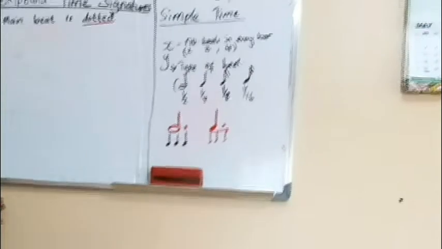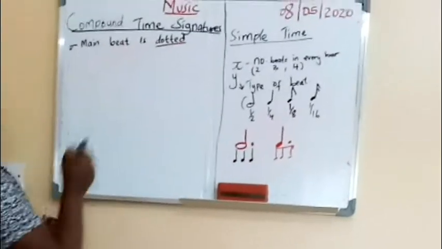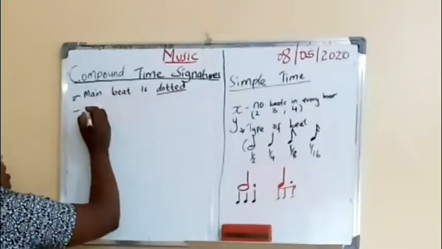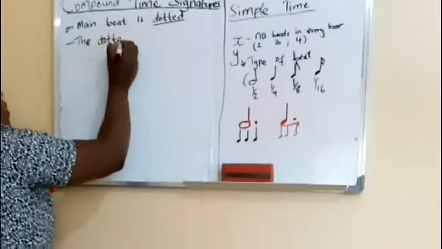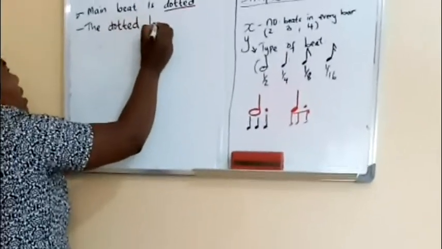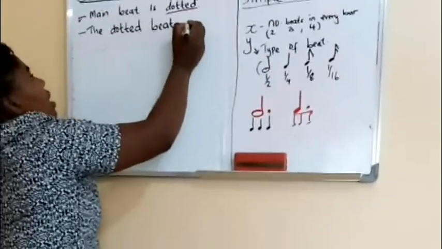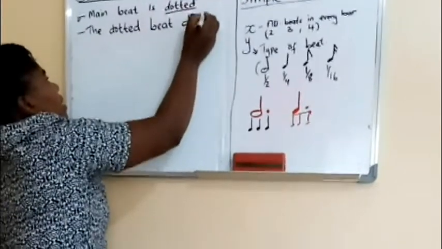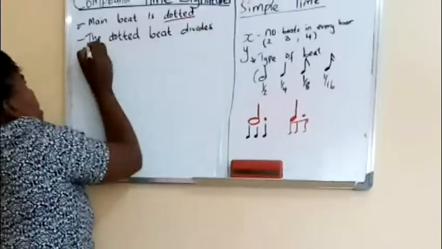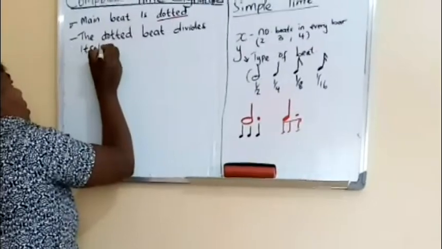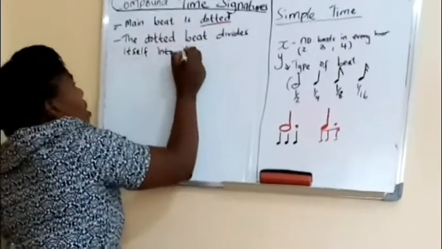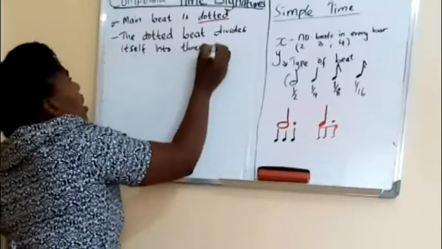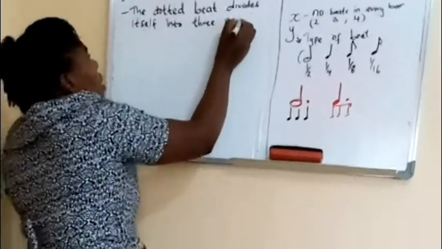Now, this is a point to note down, that the main beat, the dotted beat, divides itself into 3 equal notes.